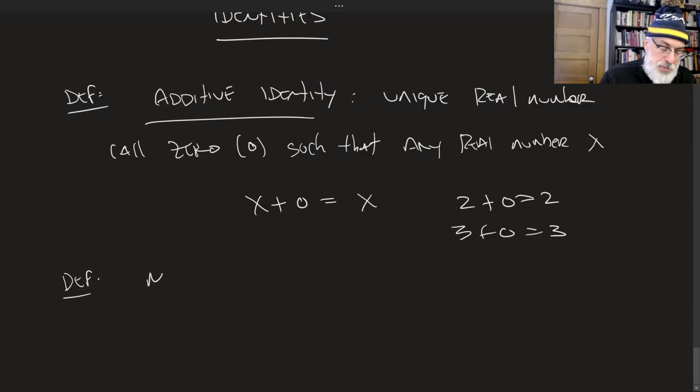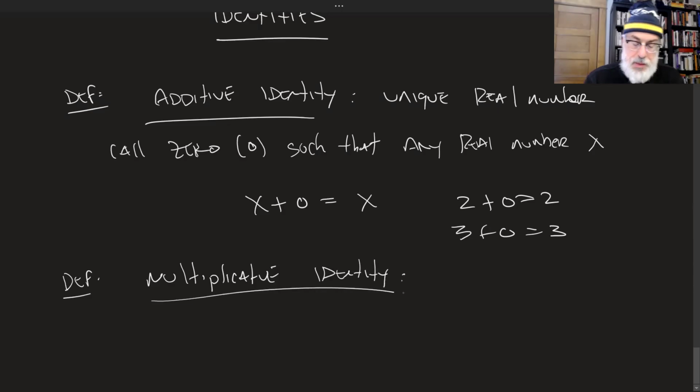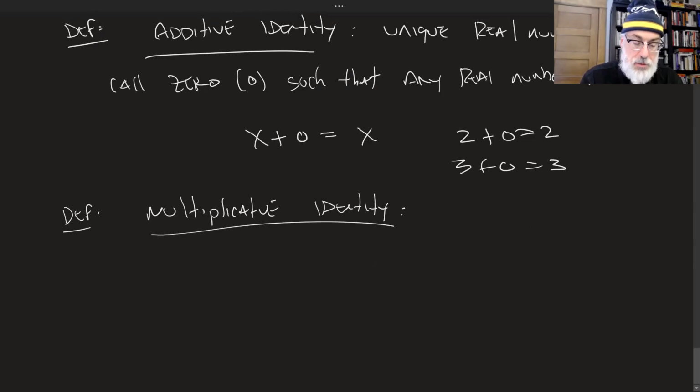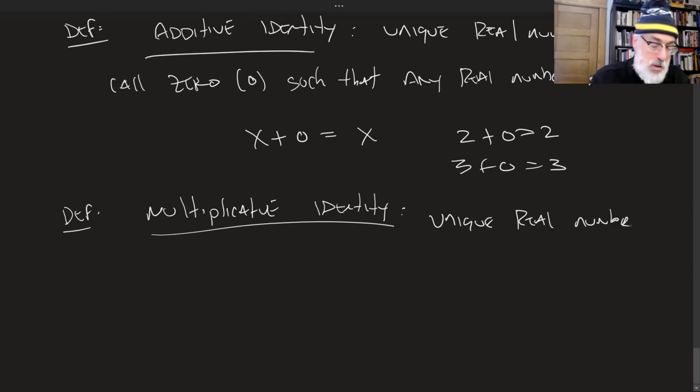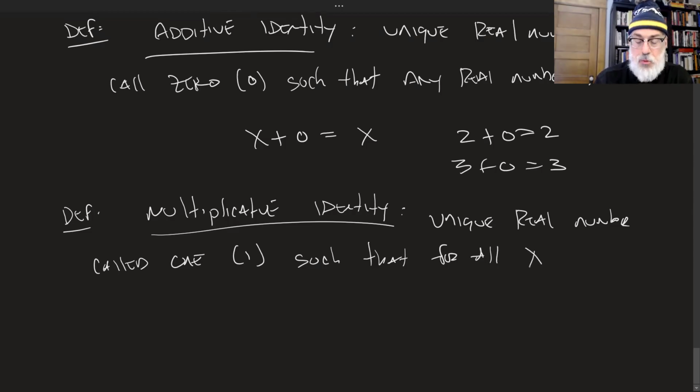Now we have a multiplicative identity. And we can think of this as a definition as well. This will be, again, a unique real number called 1, such that for all real numbers x, x times 1 is equal to x.